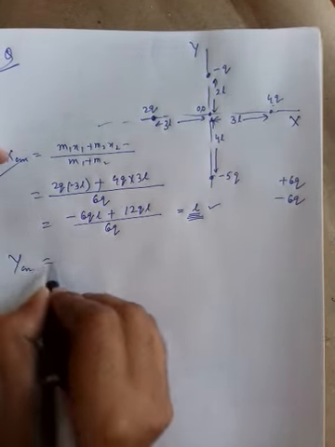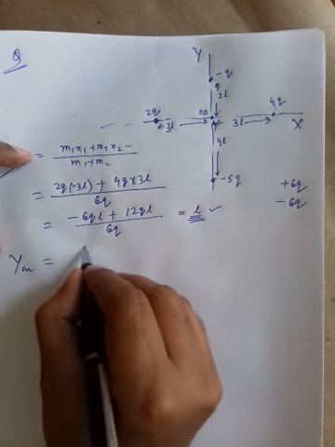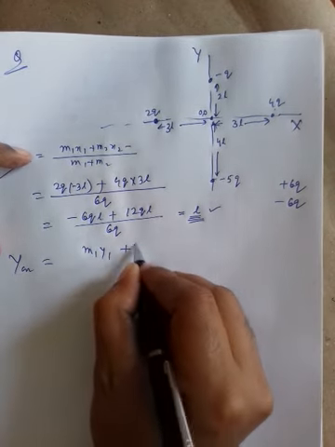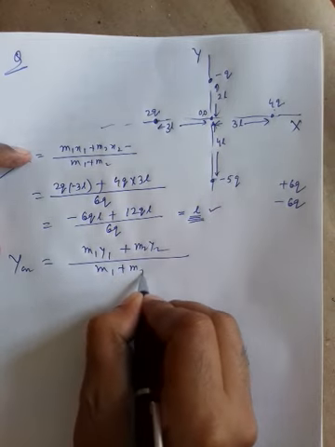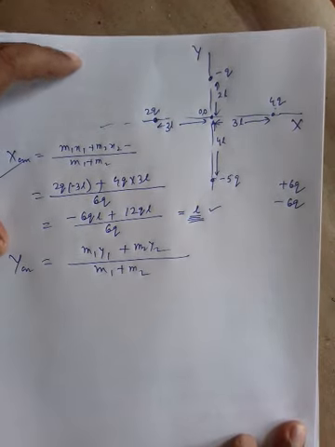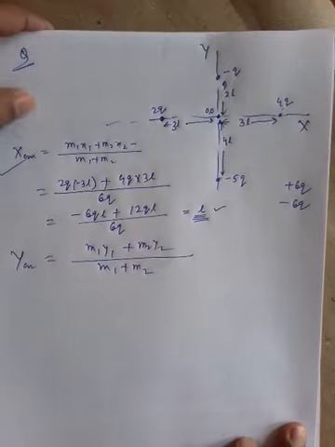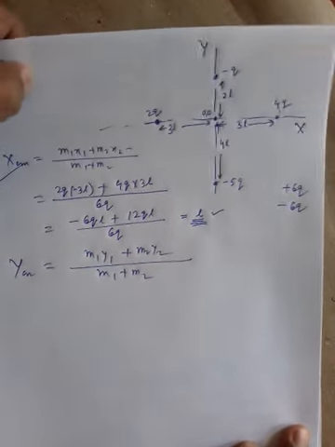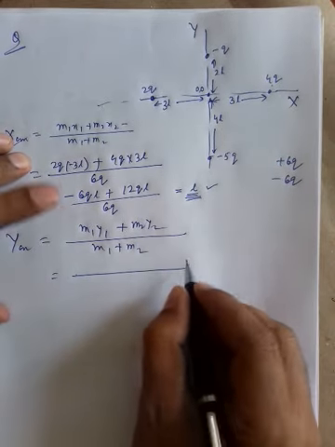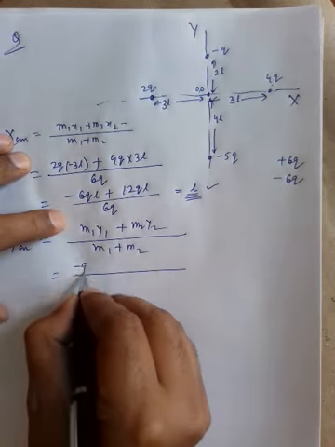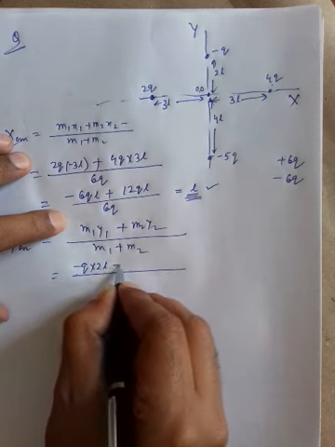Now the location of negative charges I want to find. Same idea: m1 y1 plus m2 y2 divided by m1 plus m2. Here we are doing the y coordinate. Let me complete the calculation. This charge is negative, minus q, distance is 2L.